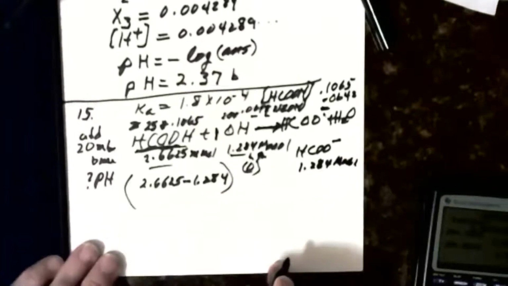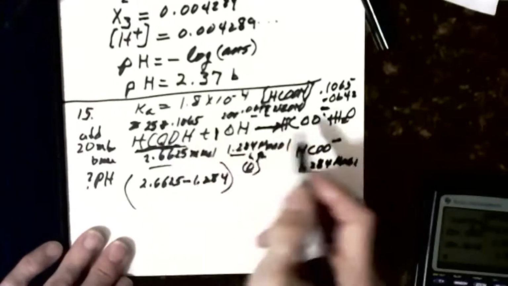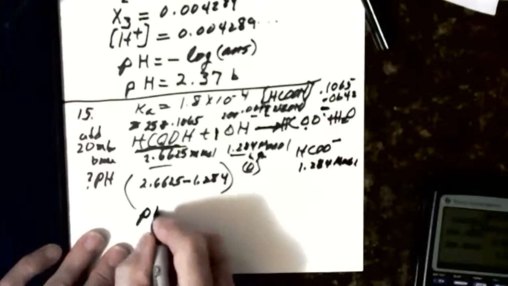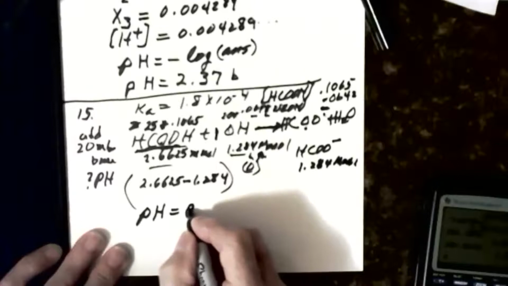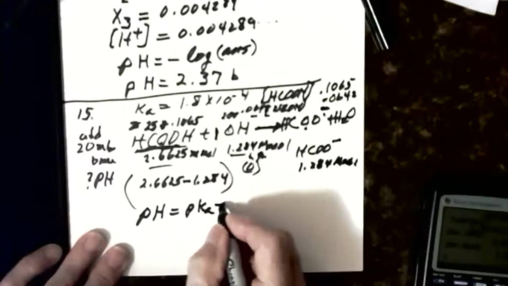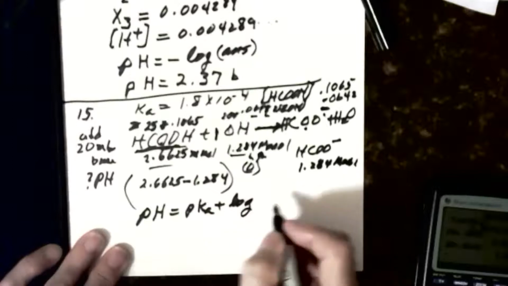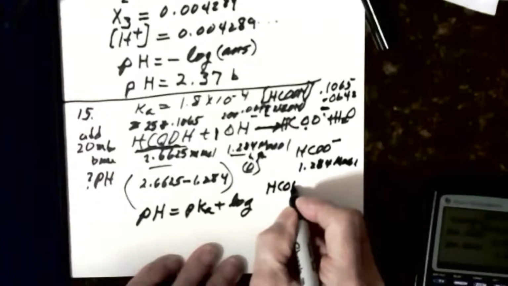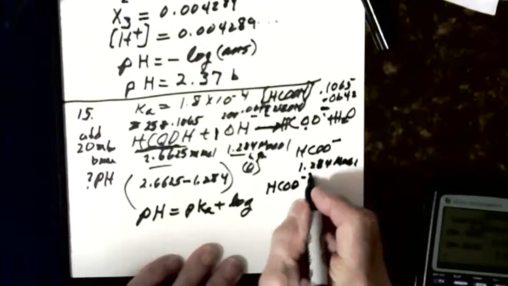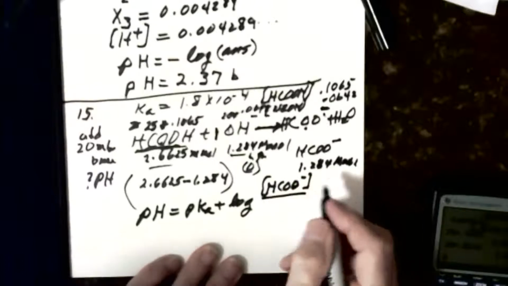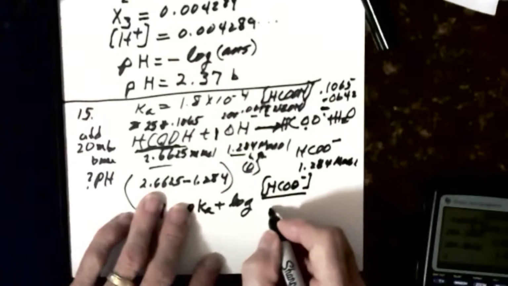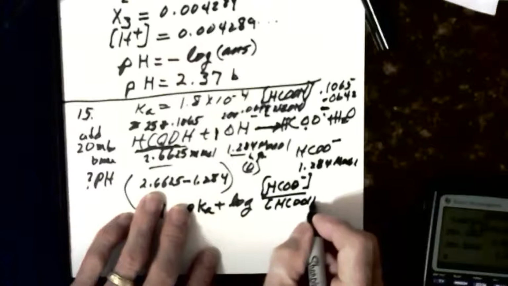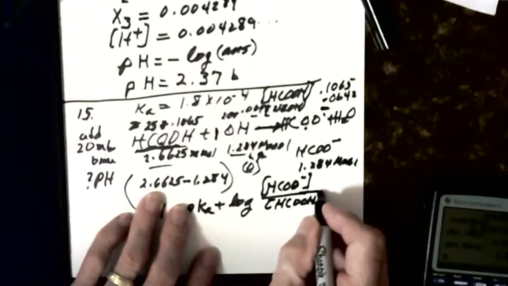Now, I've got an acid and its conjugate base. This is now a buffer. Its pH is going to be equal to pKa plus the log of the formate ion concentration divided by the acid concentration that's present once this reaction has taken place.